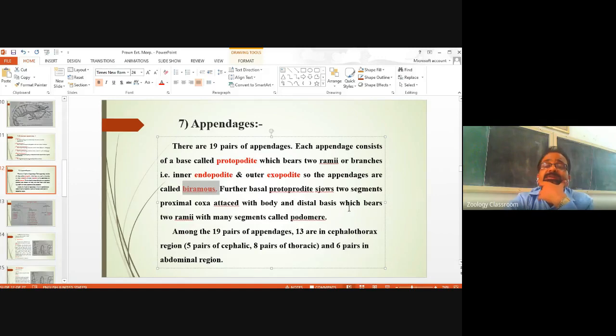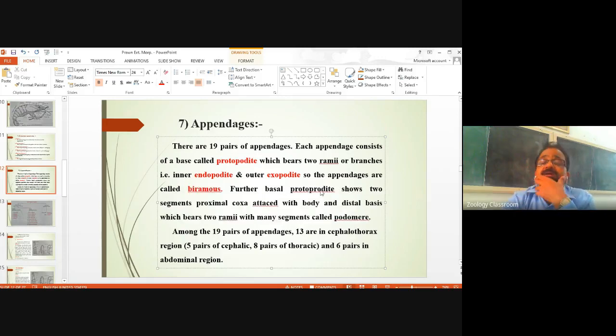Further, the basal protopodite shows two segments. The proximal one is the coxa, attached with the body, and the distal one is the basis, which bears two rami with many segments called podomeres.